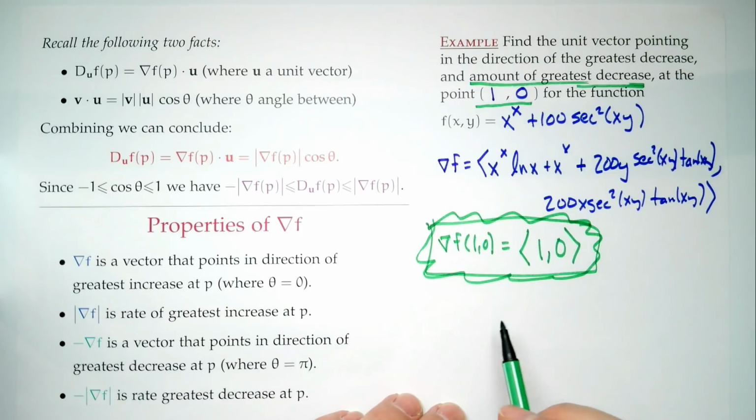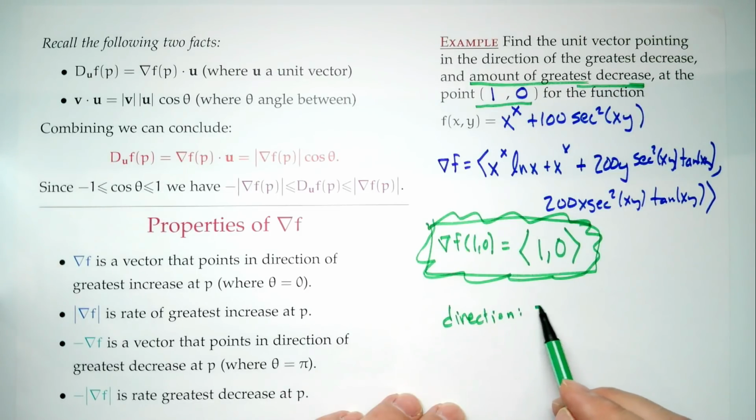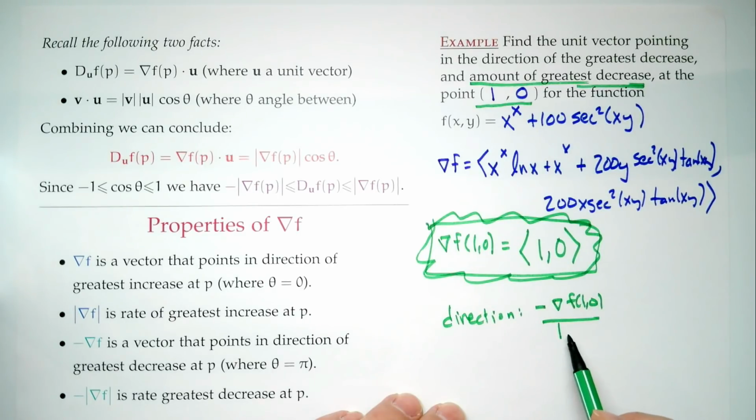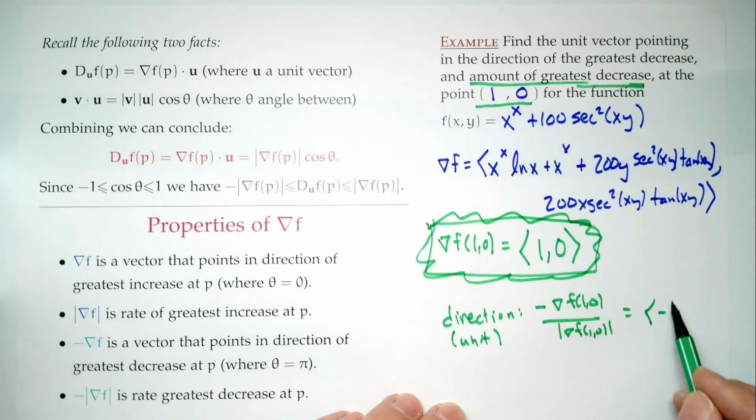Yeah, multiply by negative. So the direction, in general, would be minus the gradient at (1, 0) divided by the magnitude of the gradient at (1, 0). And this assumes that I wanted a unit vector. So it becomes the vector (-1, 0).